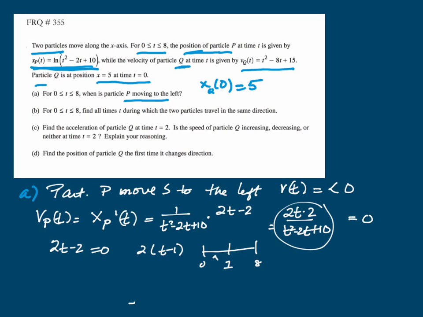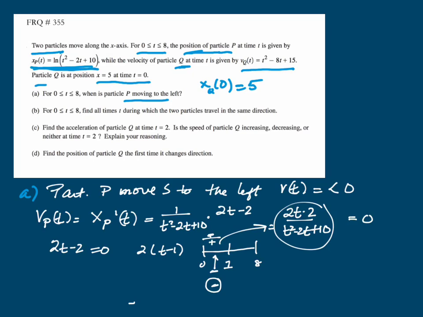Let's try a half. All I care about is the positive and the negative. If I put a half in there, that will give 1 minus 2, so on the top it would be negative. The bottom would still be positive. So between 0 and 1, I have a negative, because a negative over a positive is negative.